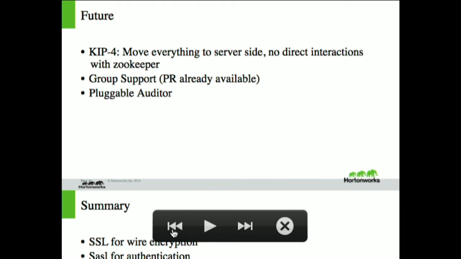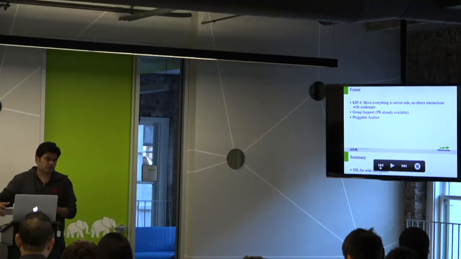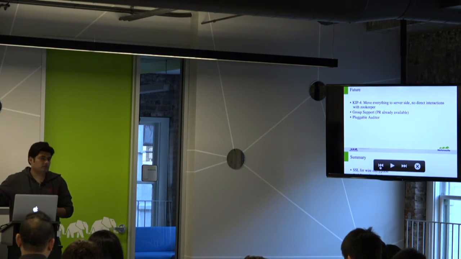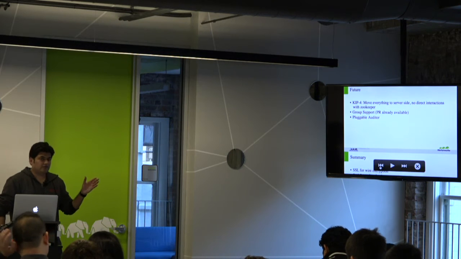When you make that call, all it does is create an entry in Zookeeper. Then in the background, Kafka's controller reads it and does things. Right now there is a KIP-4 proposal which will make those APIs actually accessible, so create topic, delete topic, all of that will become server side.